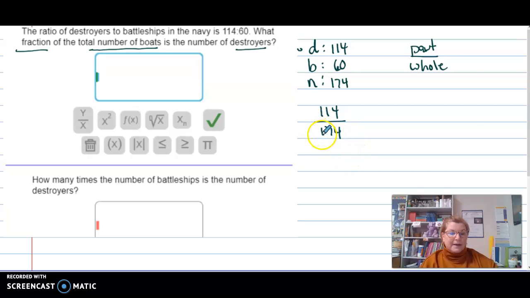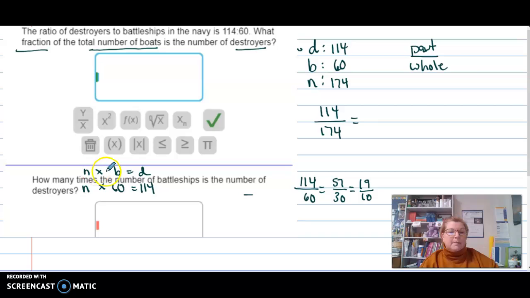Now, I have not tested this out, but please watch that maybe they want this ratio in simplest form. So if you enter it as it is and you get it wrong, go and see if your fraction can be simplified.